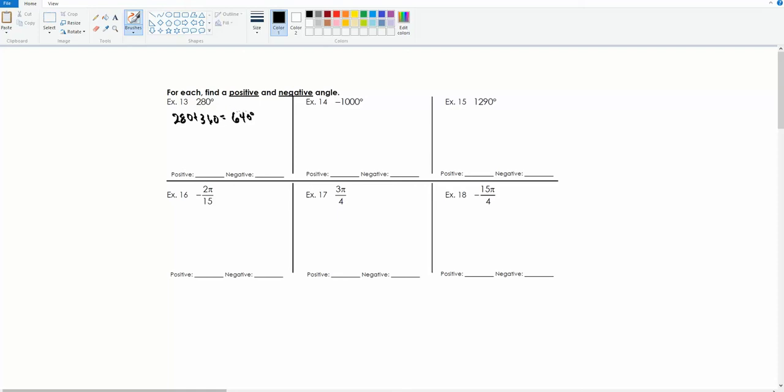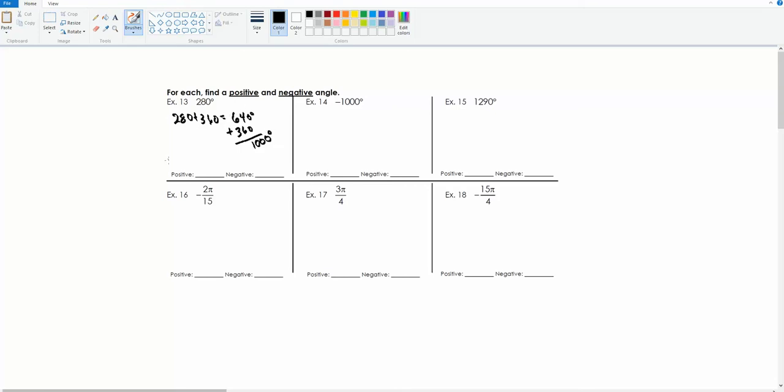So that would be one positive coterminal angle. Another positive coterminal angle would be if I added 360 to that one. And what's 640 plus 360? 1000. So 1000 would also be another positive coterminal.